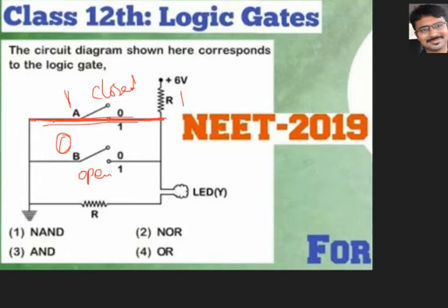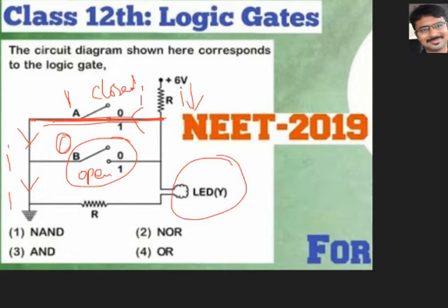So current which is coming down here, it will go away like this through the closed one. Here it is open, so current cannot come down, current cannot pass through this one. So current is going directly to the earth and is not entering into the LED.